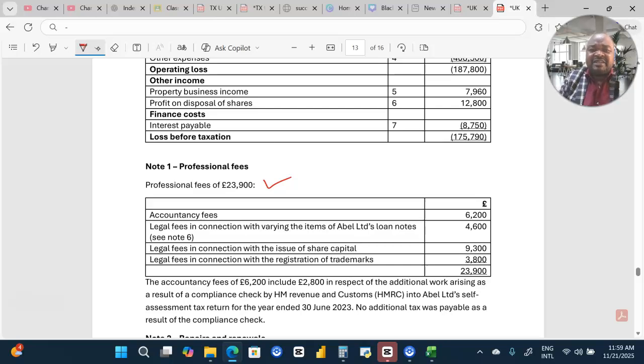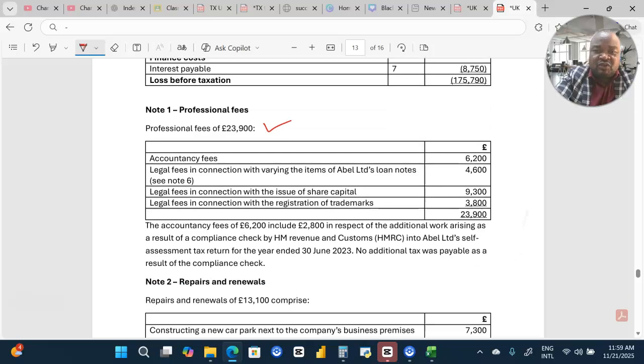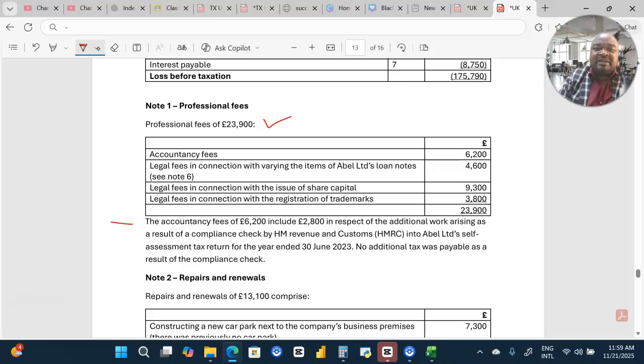Accountant's fees. Accountant's fees, are they allowable or not? Tell me what you think. We need more information about these accountant's fees. So we need to read further here.